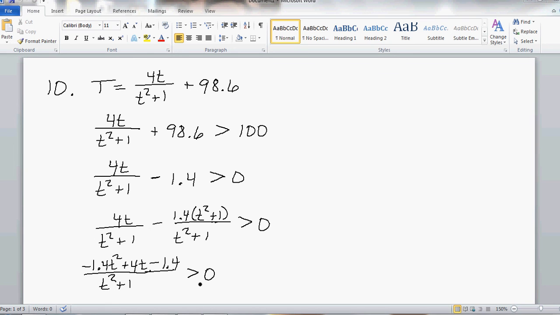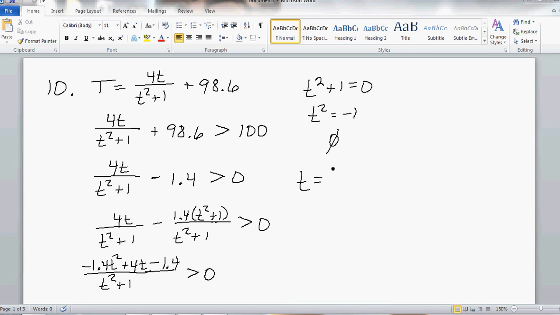So now we need to find the important points. Well, t squared plus 1 equals 0. Subtract 1, and we see nothing works here. But up here, we've got decimals, so we could try and factor, but the other way is let's try the quadratic formula.